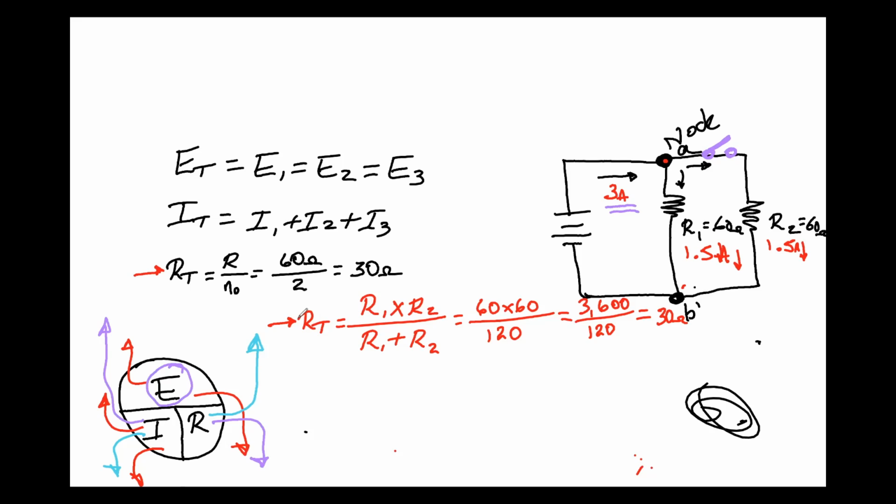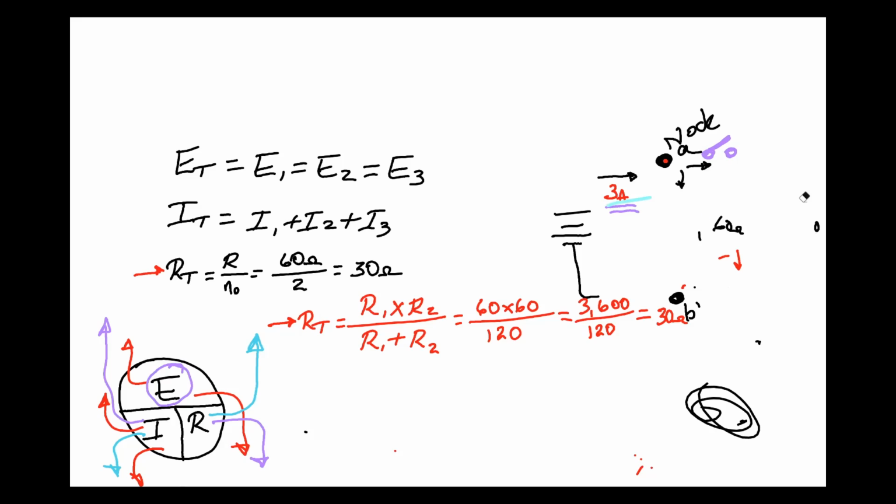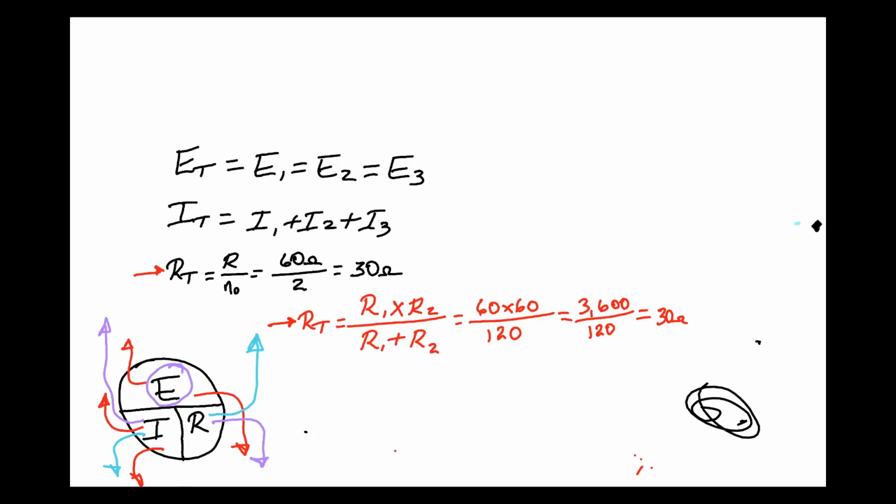Now you may wonder, what happens when I have more than two resistors? If you happen to have three resistors or more, then you are going to use what is called the reciprocal formula.